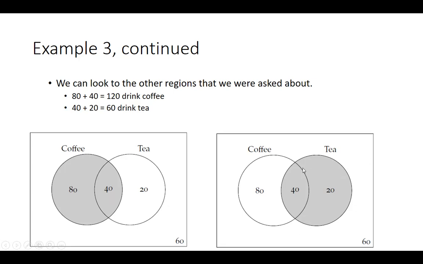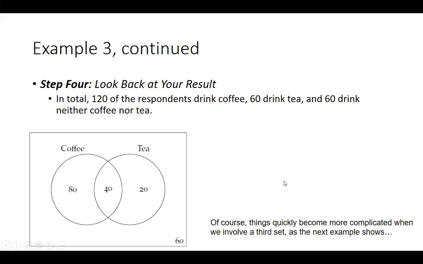And if we add up the 40 and the 20 that make up the tea circle, that gives us 60 tea drinkers. So looking back at our result, making sure we answered the question, in total, 120 of the respondents drink coffee, 60 drink tea, and outside of the circles, 60 drink neither coffee nor tea.